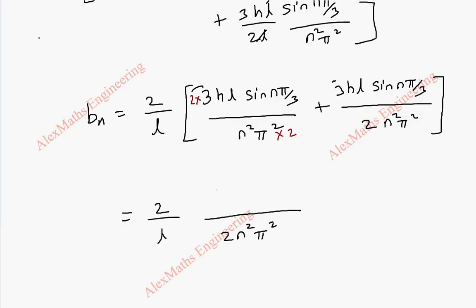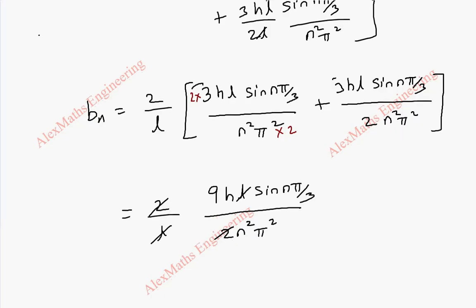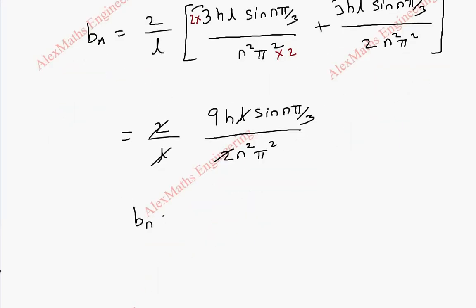So totally 9hL sin n pi by 3. So we can cancel this, and we can cancel this. So finally Bn will be 9h sin n pi by 3 by n square pi square. So this is our Bn.